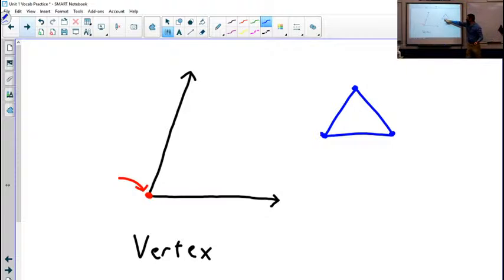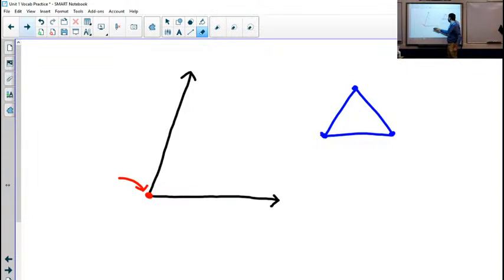So we say that this triangle has 3 vertices. And if we talked about the angles in the triangle, each point would be the vertex of those angles.